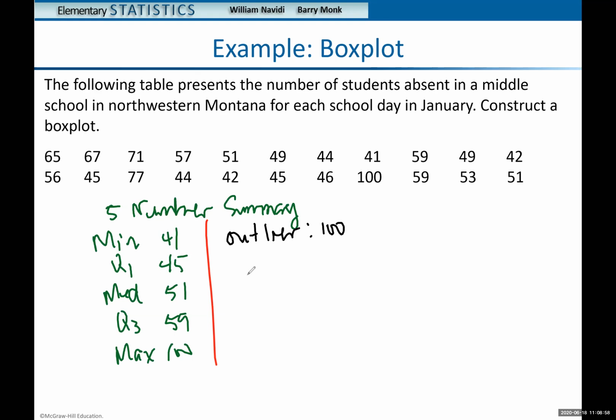Since the minimum is 41, let's say this is 41, this is 45, this is 51, and this is 59.